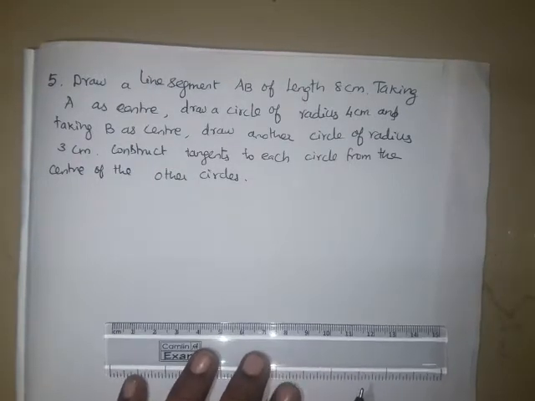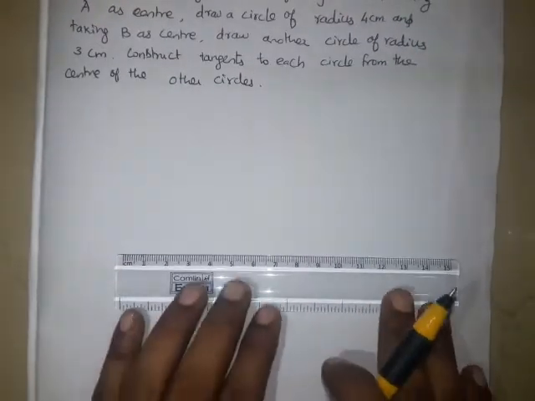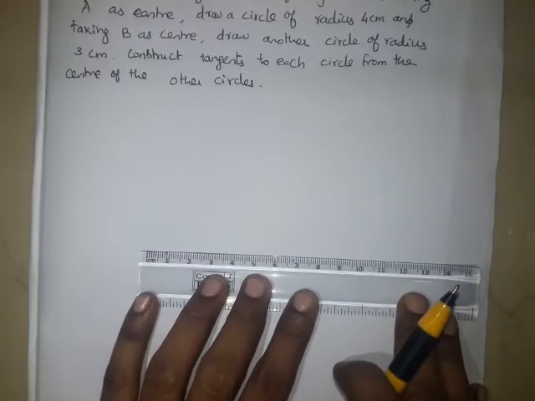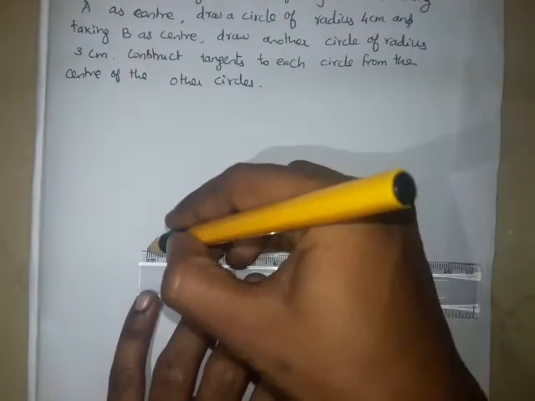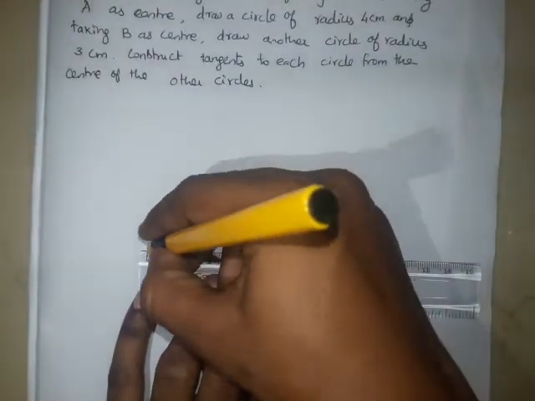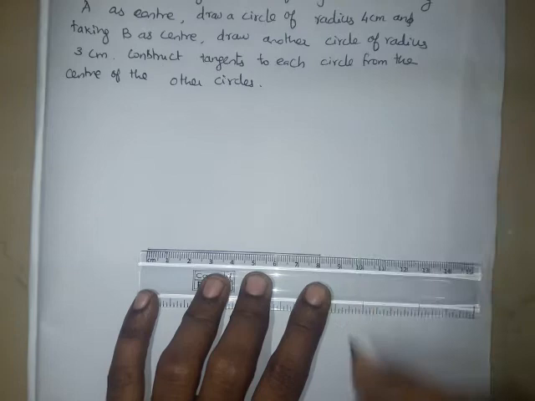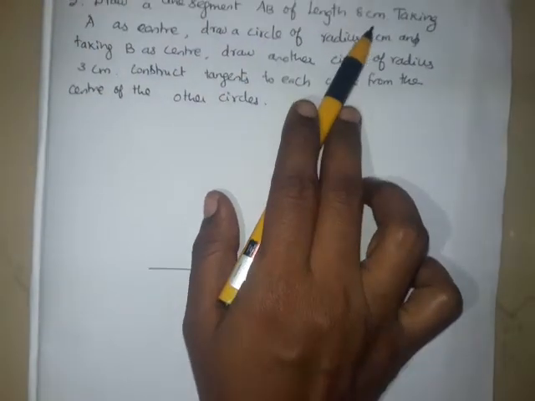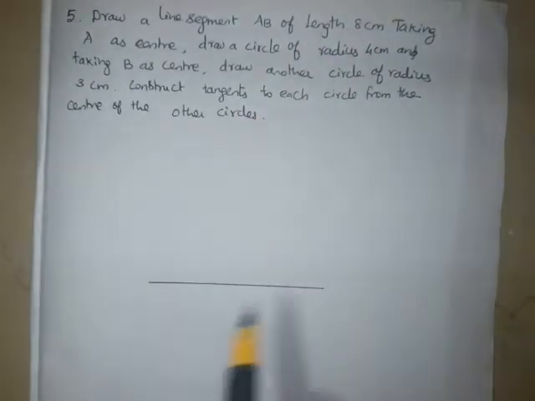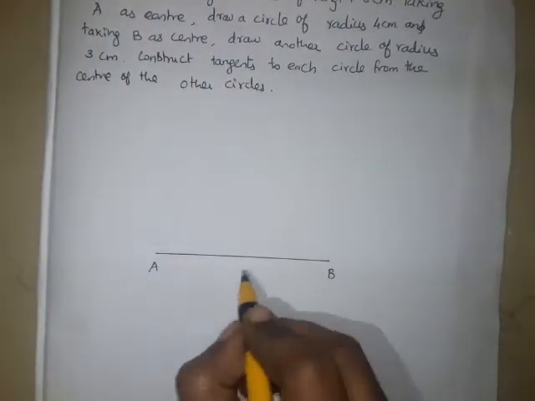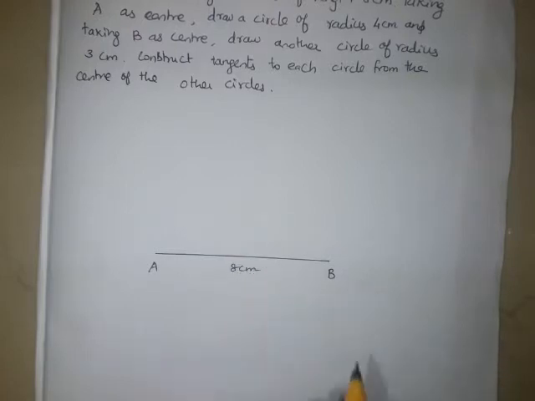Now first draw the line AB. So first line AB of length 8 centimeter line segment. So this is A and B, totally this is 8 centimeter.